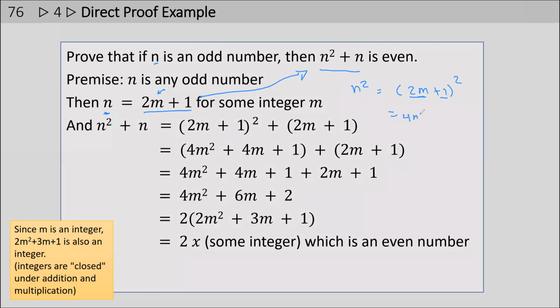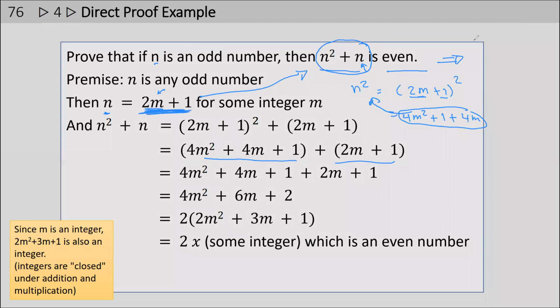So it's 4m squared plus 1 plus 4m. So this is what's equivalent to n squared, this part, plus n, which is the same form you assumed.